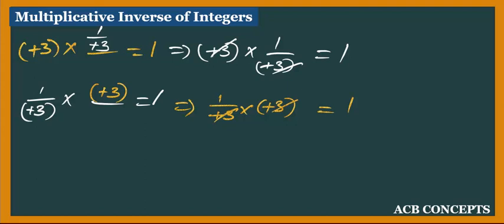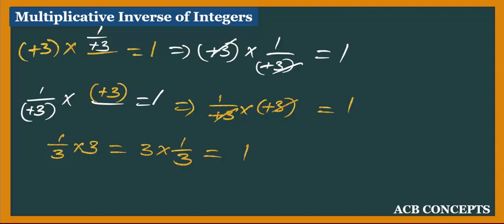So here in the first example, 1 by 3 is the multiplicative inverse of 3. Similarly, in the second example, 3 is the multiplicative inverse of 1 by 3. From this you write 1 by 3 times 3 is equal to 3 times 1 by 3 is equal to 1.